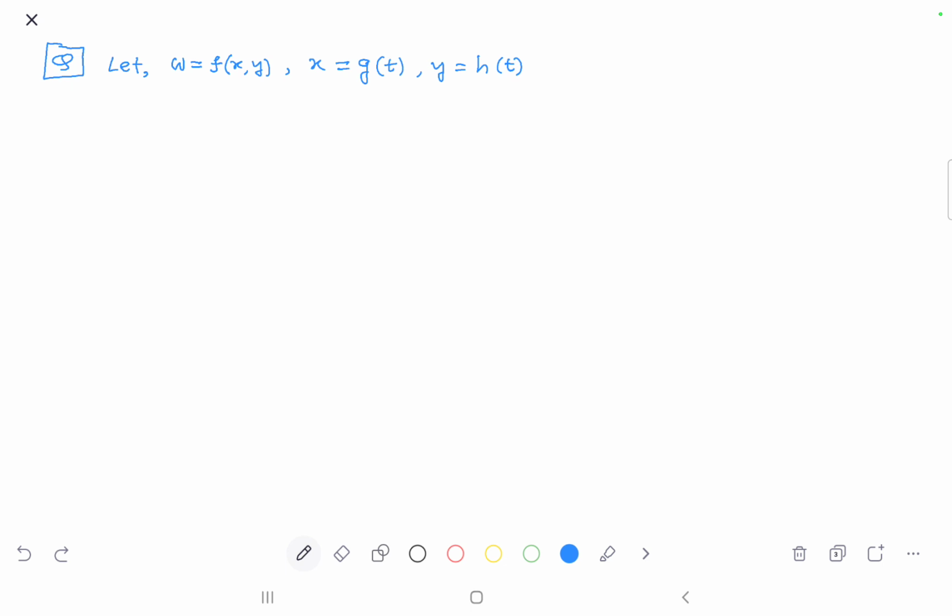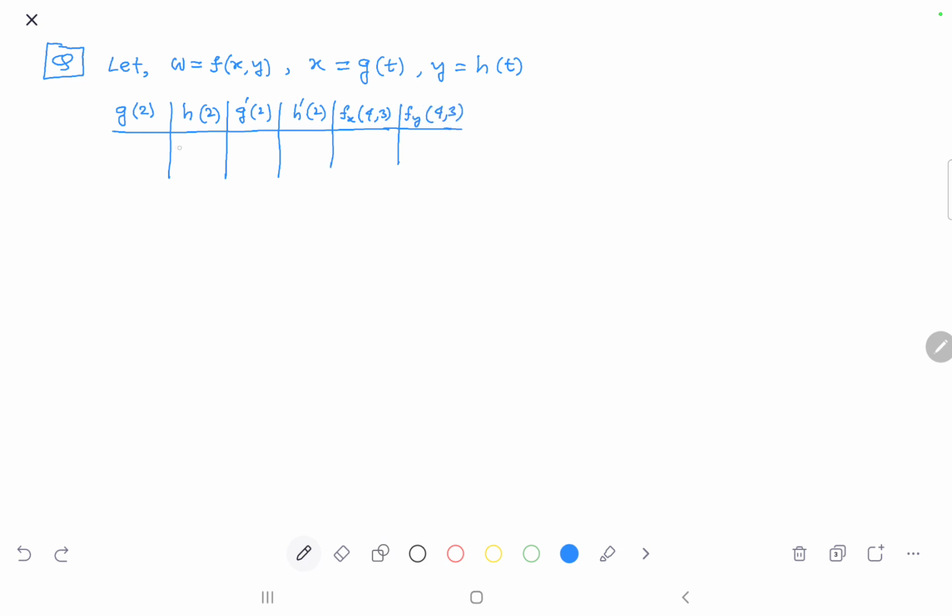And let's say a table is given. The table is given like this: g of 2, h of 2, g dash of 2, h dash of 2, and f_x at (4, 3) and f_y at (4, 3).